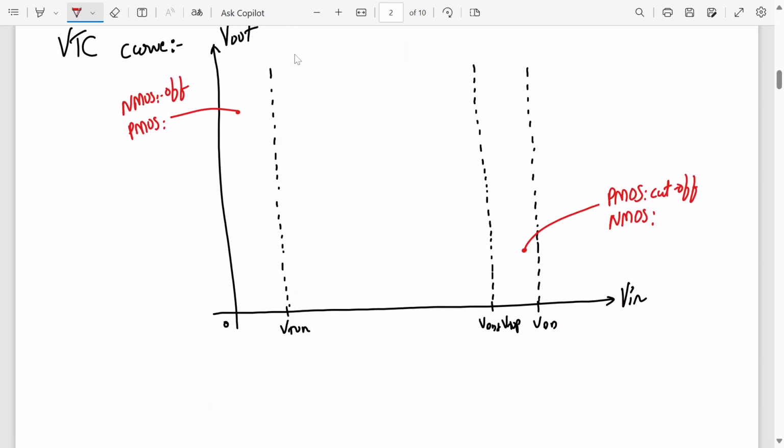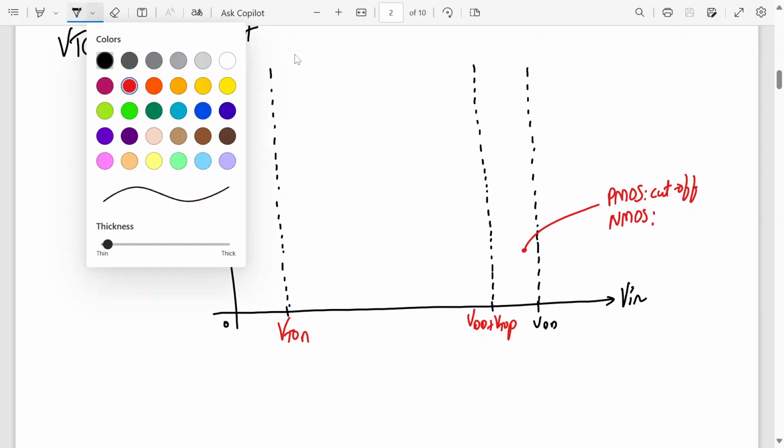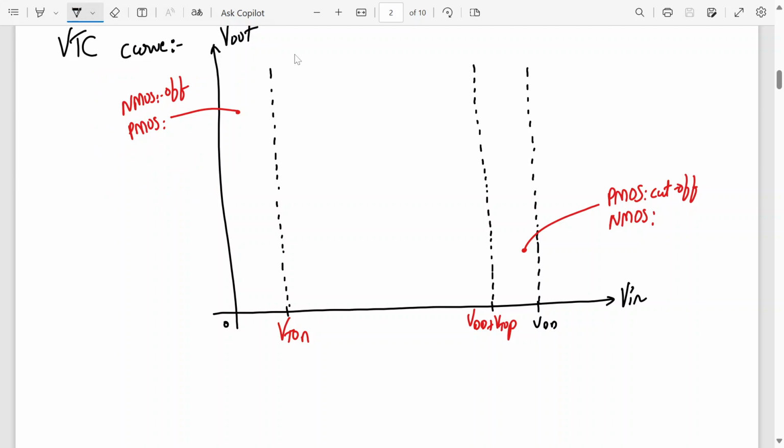For Vin equal to 0, what will happen? NMOS is off and PMOS will be on. Why is it in linear? Tell me that. This is VTON, this is VDD plus VTOP. Yesterday we wrote these conditions, right? NMOS off, PMOS on; NMOS linear, PMOS linear. You wrote that yesterday, right?